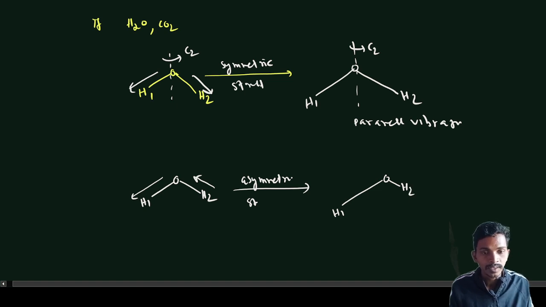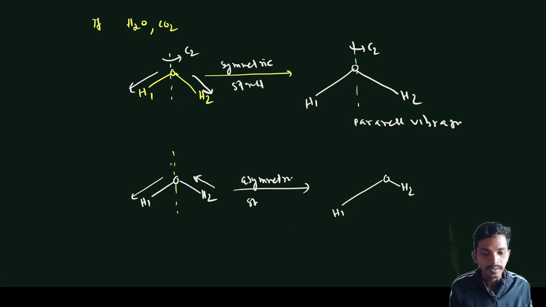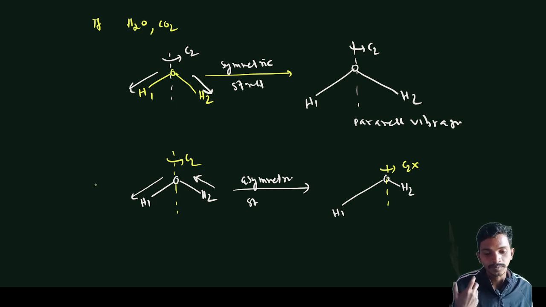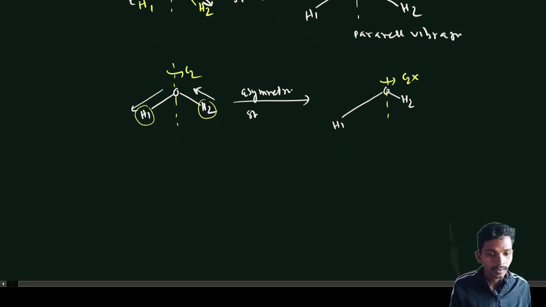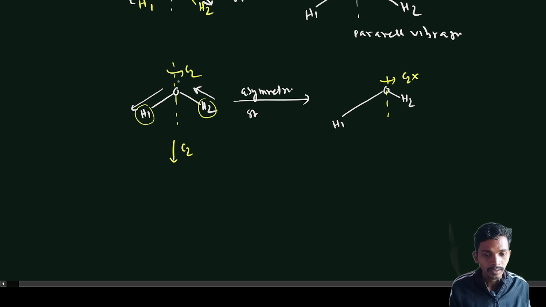Here, if this is the principal axis, then here the principal axis is not there. Why? Equivalent orientation means that whenever I rotate, in place of atoms I should get the same atoms. That is called equivalent orientation. And C2 means whenever I rotate the molecule, in place of an atom I should get an atom. So if I do that C2 here, then what will I get?